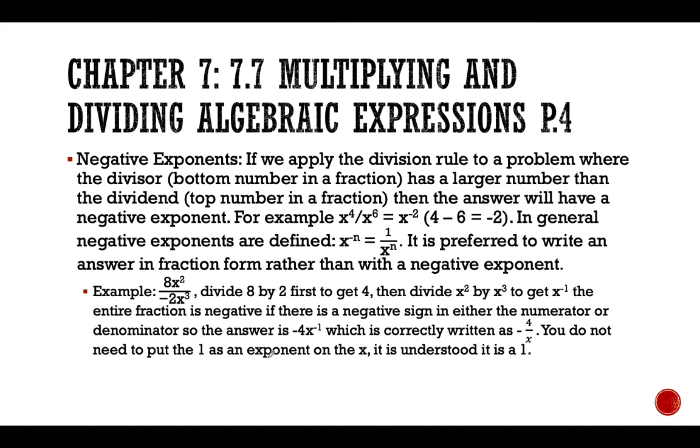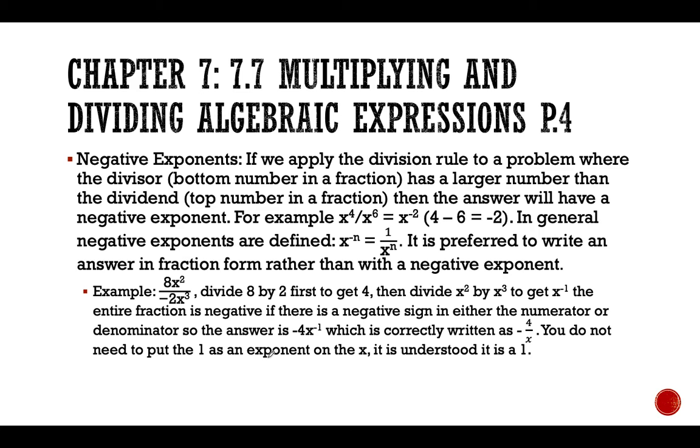Negative exponents. If we apply the division rule to a problem where the divisor or the bottom number has a larger number than the dividend or top number, then the answer will have a negative exponent because we're subtracting. For example, x to the 4th divided by x to the 6th equals x to the negative 2 because 4 minus 6 is negative 2.